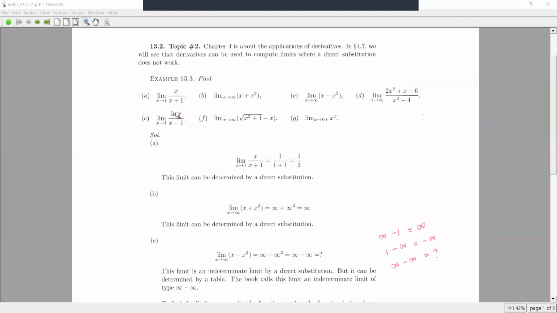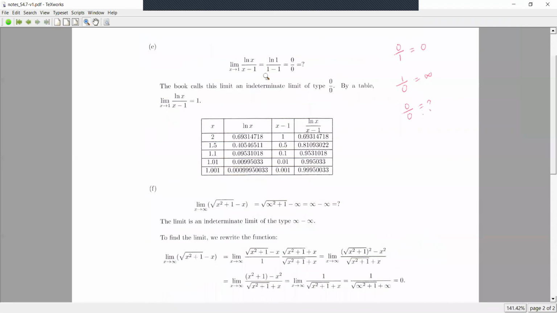Now, the limit in E. When x approaches 1, what number will natural log of x over x minus 1 approach? Direct substitution, I plug in 1 in x, then I get natural log of 1 over 1 minus 1.